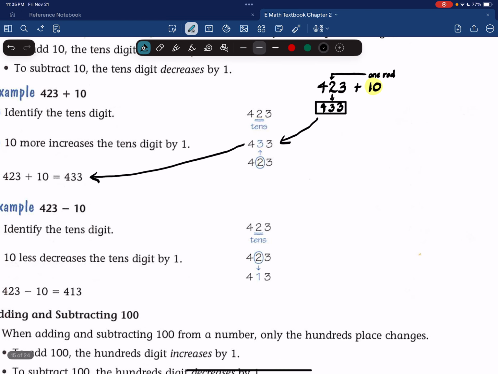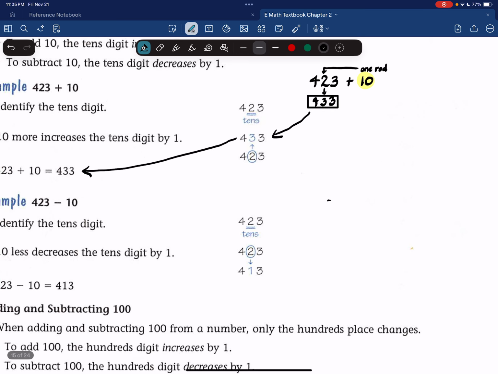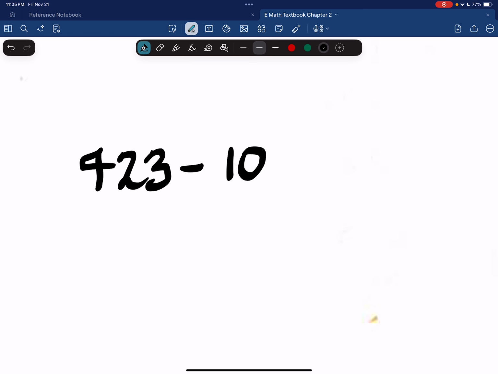Okay, let's apply the same strategy to decrease by 10. So 423 minus 10. So let's put it in perspective again. This is 1 rod. And the rods column is right here.